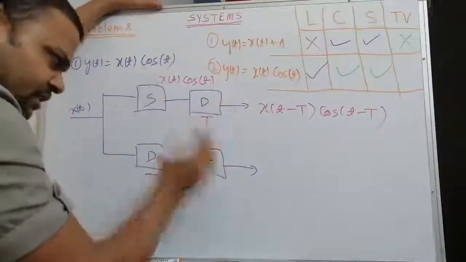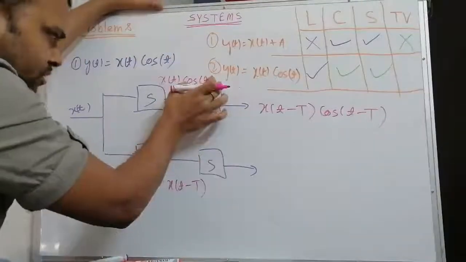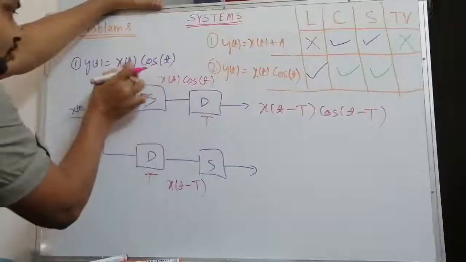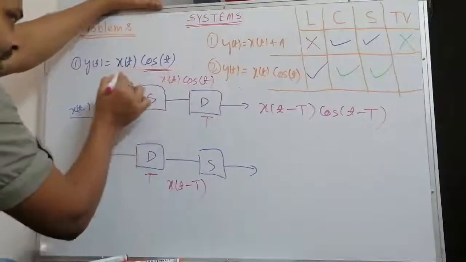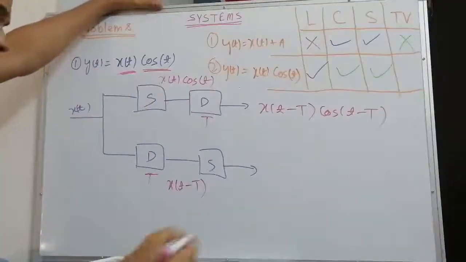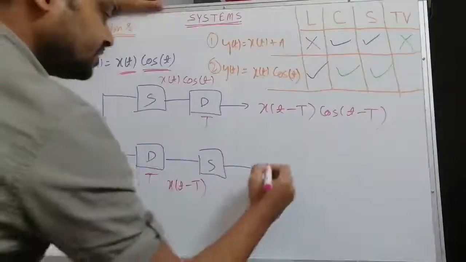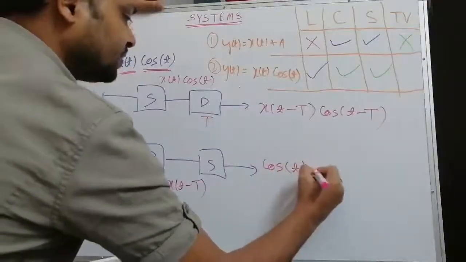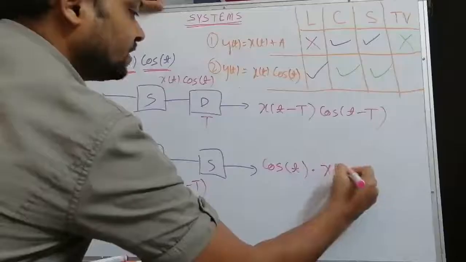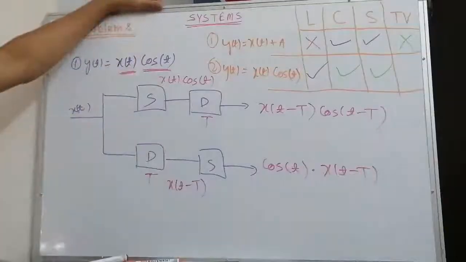The system just multiplies cos t into the input, so the output here is cos t times x(t minus T).